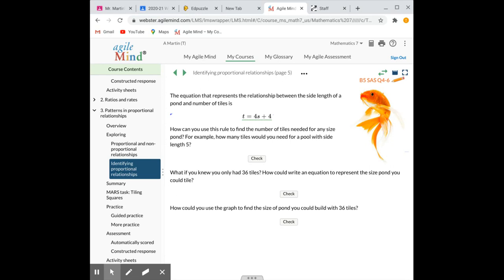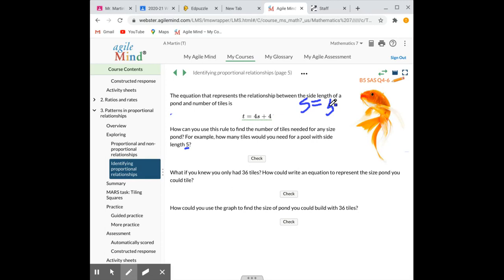What would happen to the S? Jacaden, what would happen to the S? It would get bigger. All right, how much bigger? Well, look at what it says. It says the side length is going to be 5. So that means that S would be equal to what? 5.